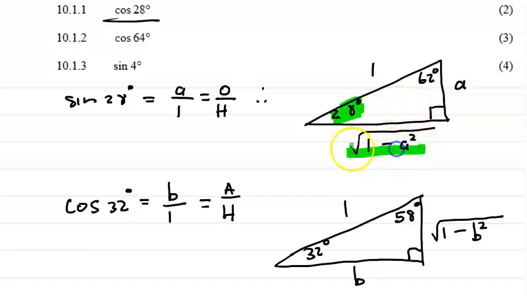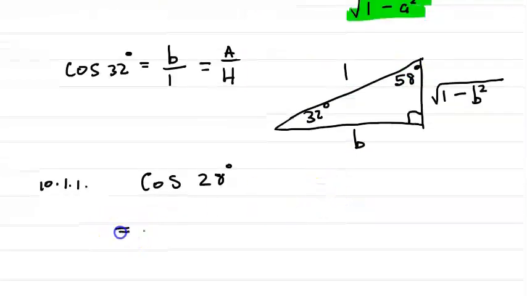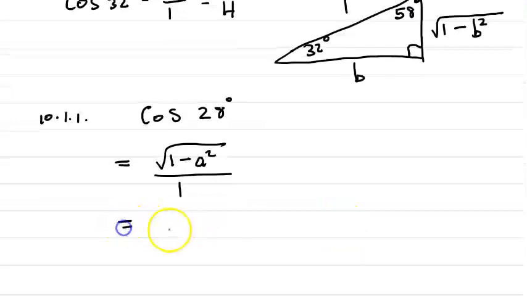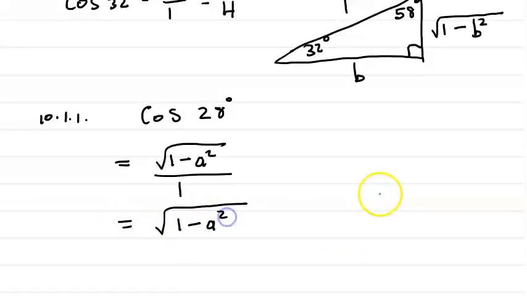So my adjacent side is the square root of 1 minus A squared, and the hypotenuse is equal to 1. So therefore, that's my solution. It will be the square root of 1 minus A squared over 1. So that's going to equal the square root of 1 minus A squared all over 1. So we can simply write the square root of 1 minus A squared. And that's the first solution.